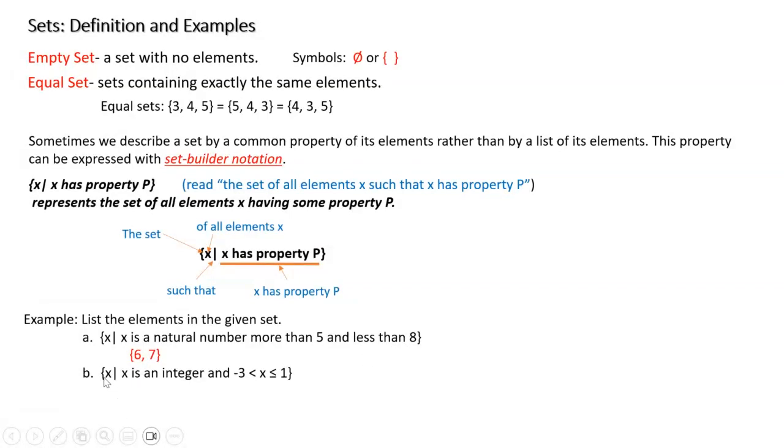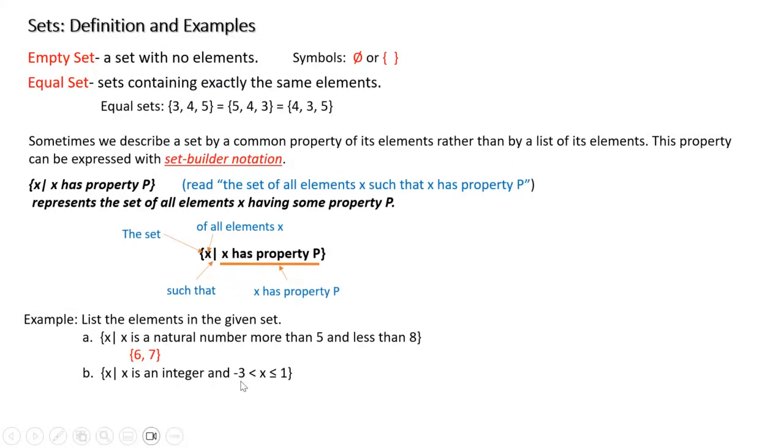Let's try B. The set of elements x such that x is an integer and the integer is between -3 and 1, and including 1. So x is between -3 and 1, and 1 is included because it has the less than or equal to, and -3 is not included because it doesn't have the little mark on the bottom.